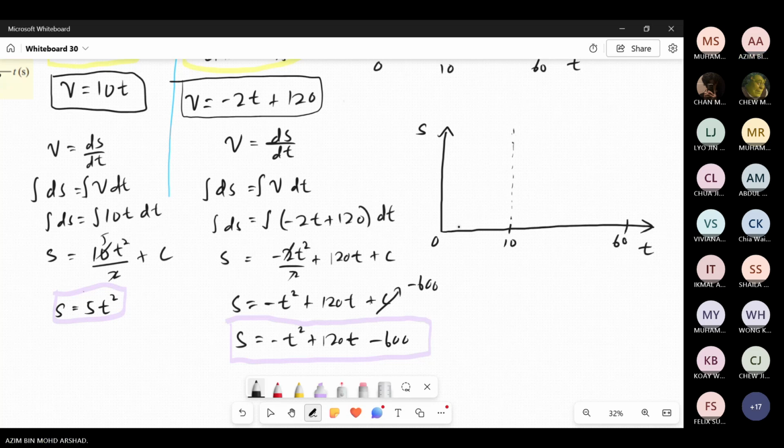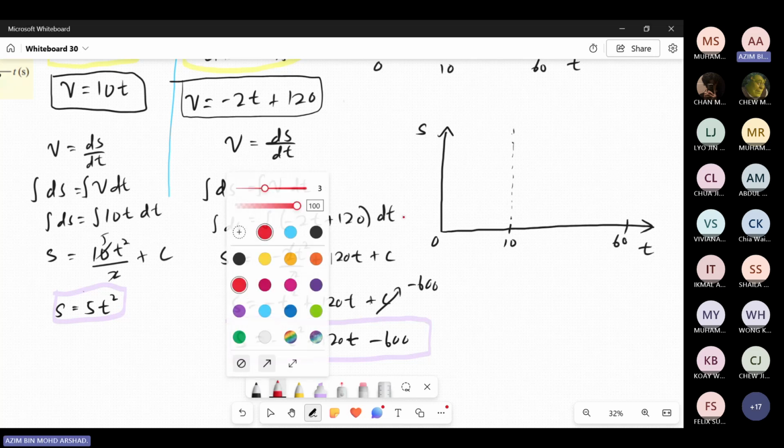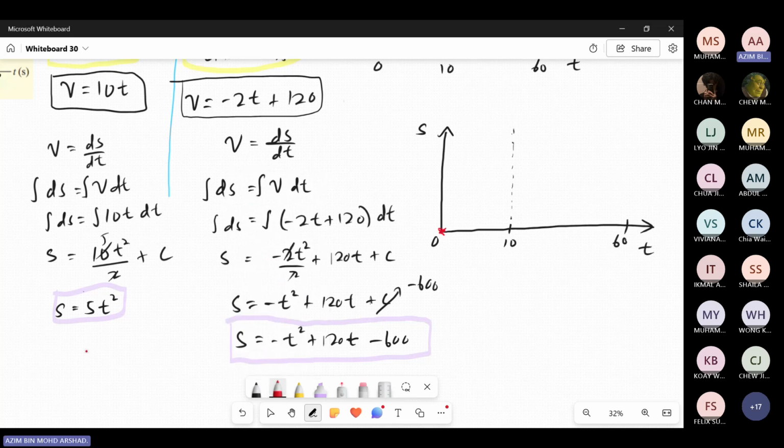Now at t equals 0, S is 0, this point. At t equals 10 seconds, we already calculated this. S equals 500 meters. So let's say this is 500, right here. Okay, and this is not a linear plot. This is a quadratic function, so it has to have this curve. Since this is a plus 5, we have S equals 0 at t equals 0. We have this kind of curve, the smiling curve like this.